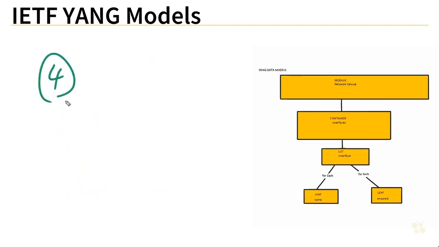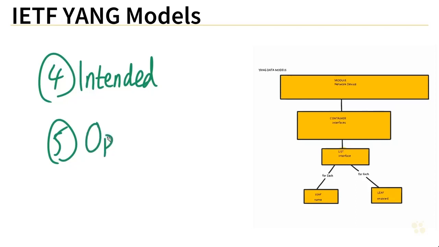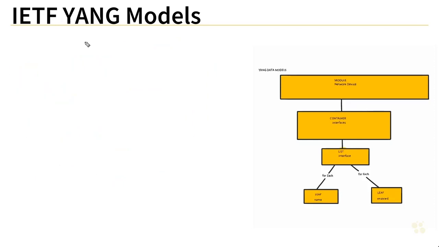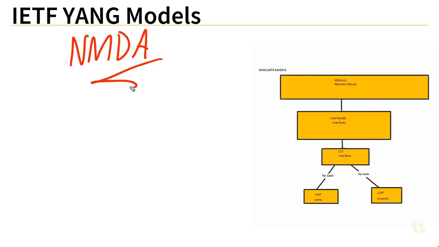So now we would also have an intended data store as well as an operational data store. And these two new additions comprise what is now known as the Network Management Data Store Architecture, otherwise known as NMDA.